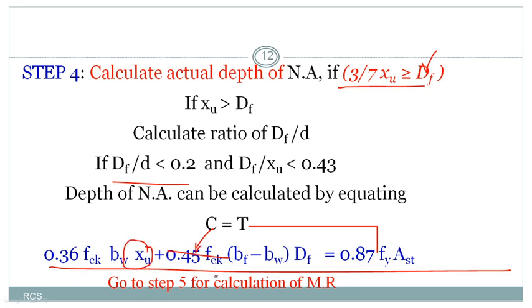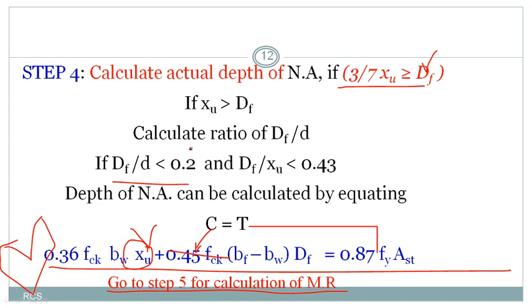For calculating the moment of resistance, now we go to step number 5. Now again we have to decide with respect to this xu value, which is obtained from this formula, by comparing it with xu max. Then we have to decide which type of section it is: under reinforced, over reinforced, or balanced.